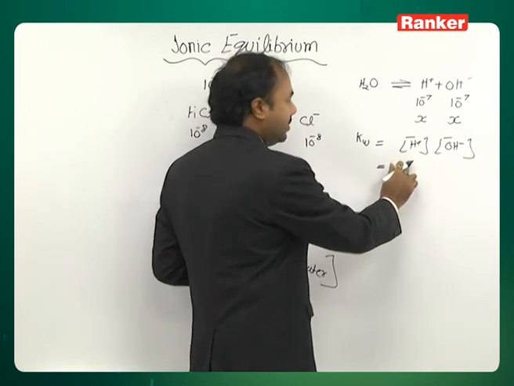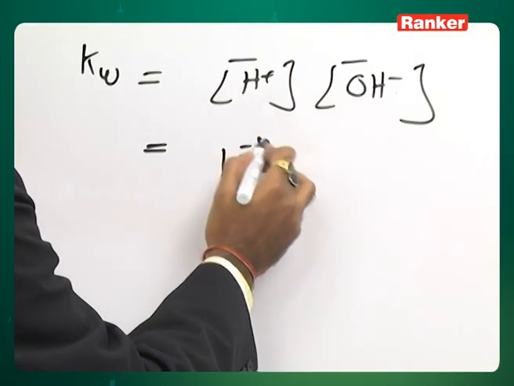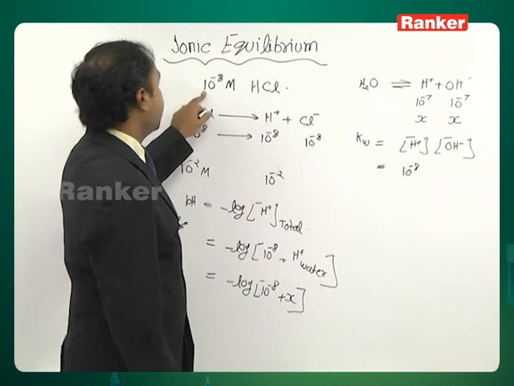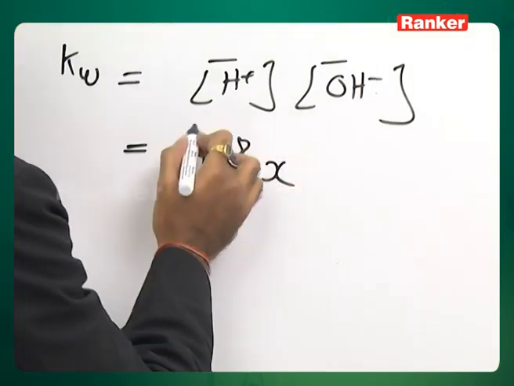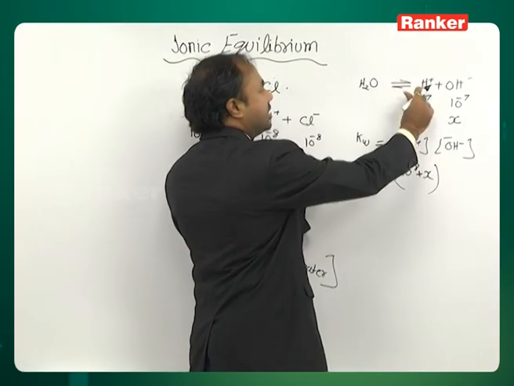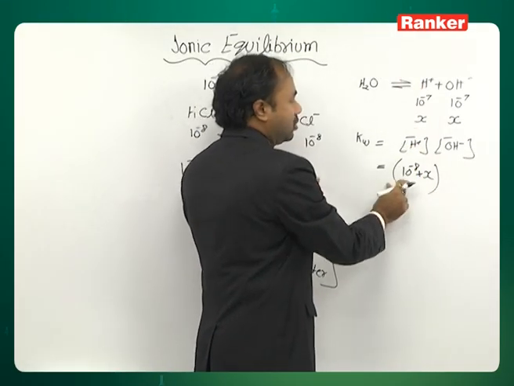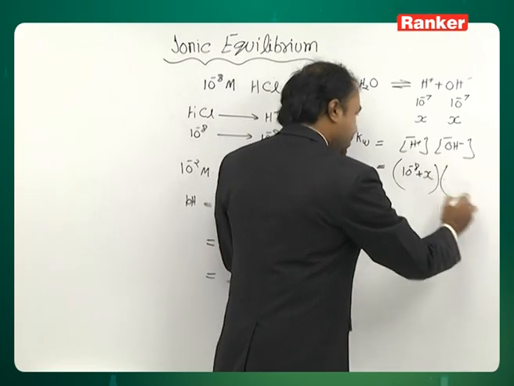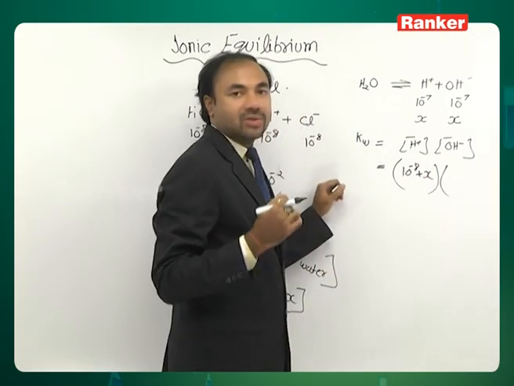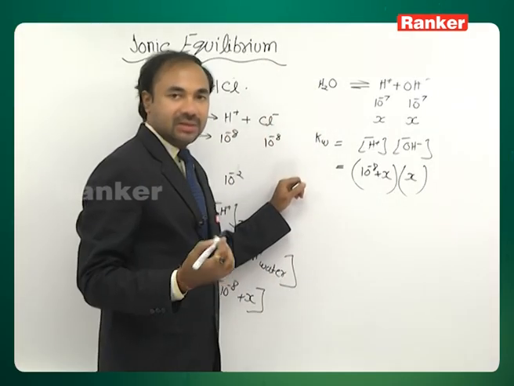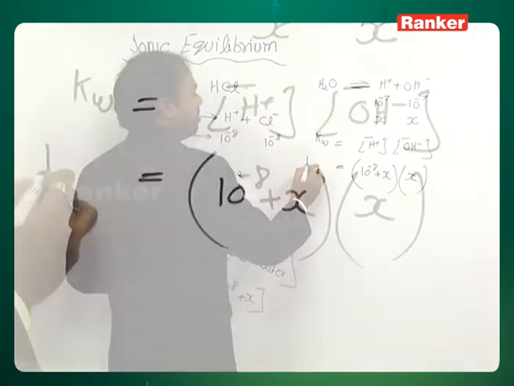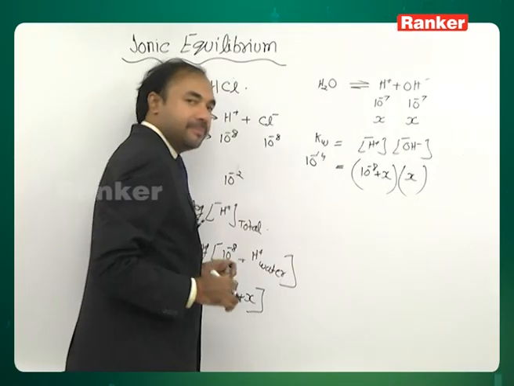Concentration of H plus will be 10 to the power minus 8, which came from dissociation of HCl, plus X, which came from dissociation of water. Total H plus becomes 10 to the power minus 8 plus X, into the concentration of hydroxyl ions, which is X. And this will be equal to 10 to the power minus 14.